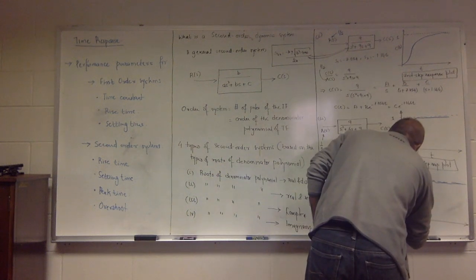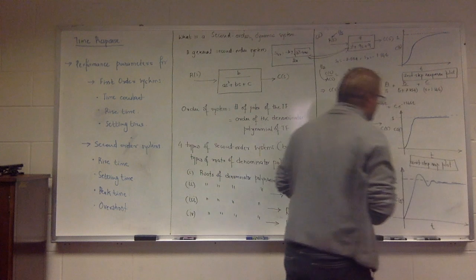This is again C of t, and this is t. Again, this is also a unit step plot. Okay.